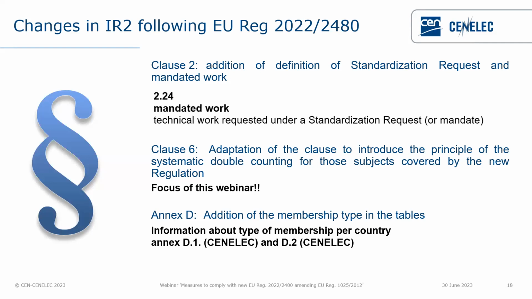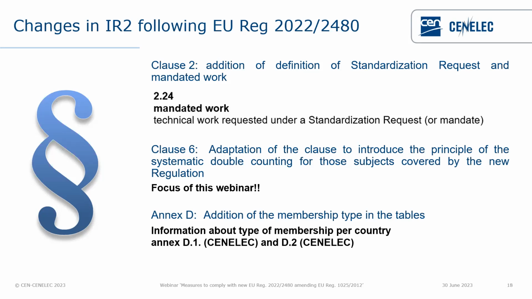So every time we refer to mandated work in Internal Regulation Part 2, we refer to any new work item or work item that is launched because it is requested either in a standardization request or is supposed to be drafted under a mandate.